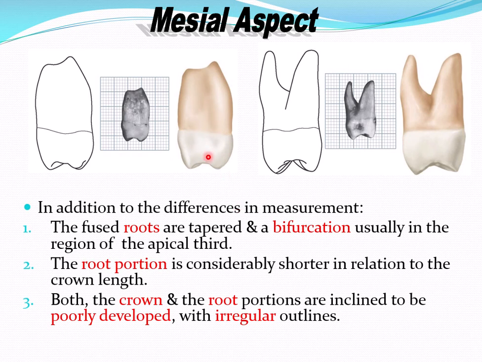Both crown and root portions are inclined. This gives you the picture: comparing this third molar with the second molar, the crown is less developed and the roots are less developed. When I say less developed or poorly developed, it means not well developed, with an irregular outline. You can review the lecture again and again. As I go from the first molar to the third molar, you will see these differences: less developed, smaller, shorter, roots are closer, roots inclined more distally, and the other differences.